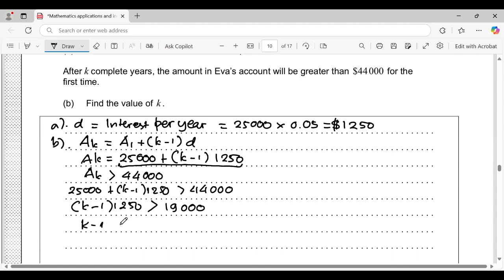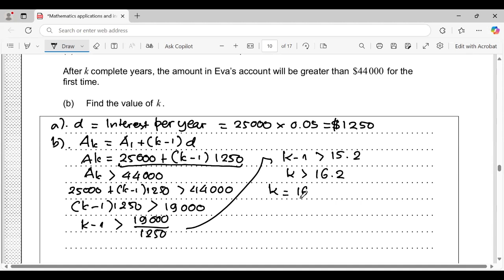So K minus 1 is greater than 19,000 divided by 1,250, so K minus 1 is greater than 15.2. So it means K is greater than 15.2 plus 1, which is 16.2. So we can determine that K equals 16, the smallest integer.